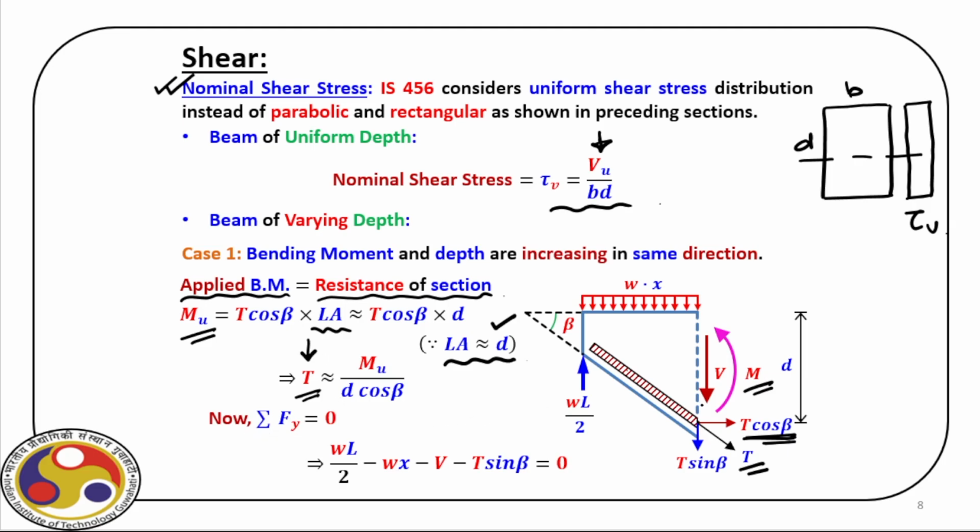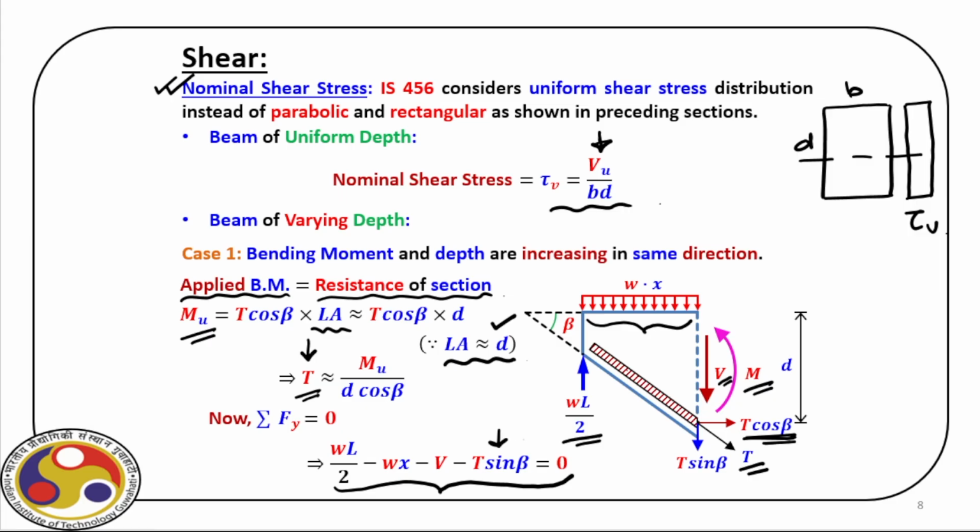Then, in the y direction, that is the vertical direction, we have the force balance equation as you can see. So, we have this omega L by 2 as the reaction, minus this force over a section of x, and then V is the shear force acting at that particular section, minus the component of this T in the vertical direction, that is T sin beta.